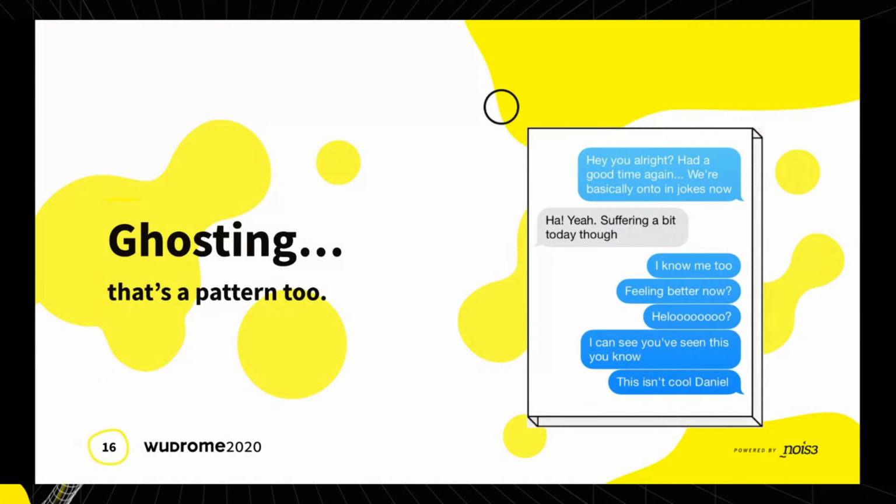So let me start with a small, apparently stupid story. This is a screenshot of a real-life example of ghosting. You know, when you date someone, you had a good time, and at some point they disappear. You message, you text with them, and they stop answering at all. So we're talking about that kind of behavior that you can see coming and take a decision after that.